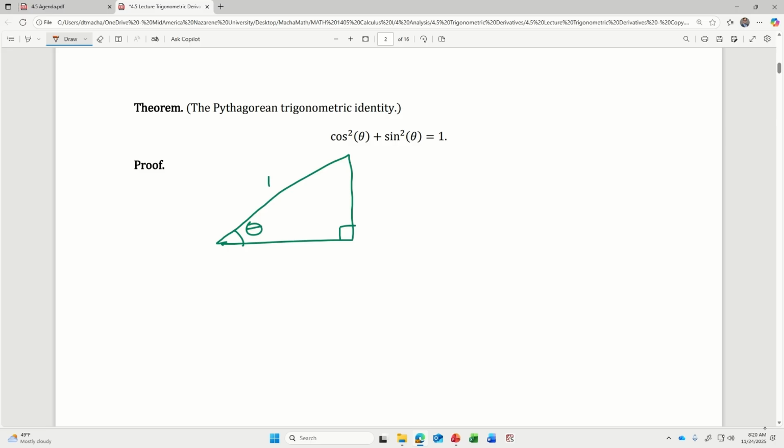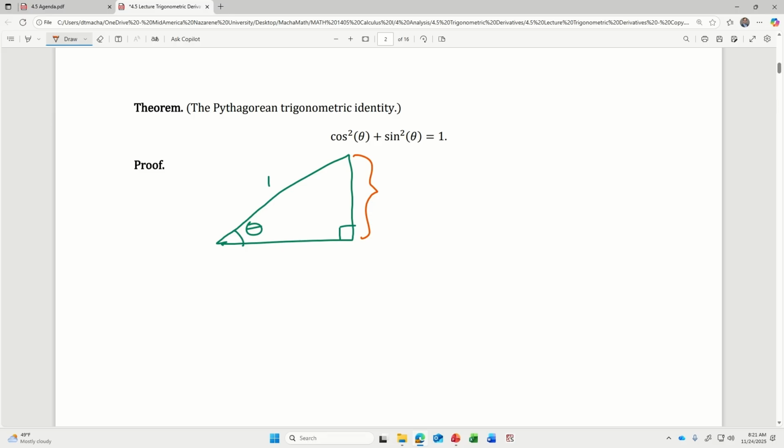Then what is this side length? Some of you guys have forgotten your trigonometry.